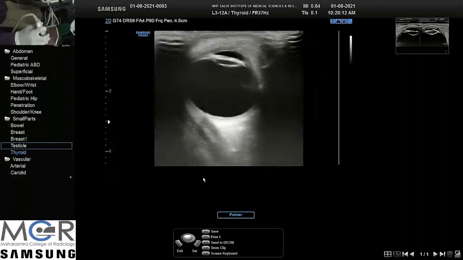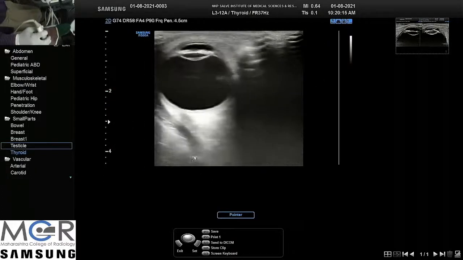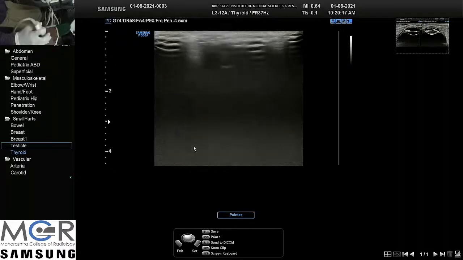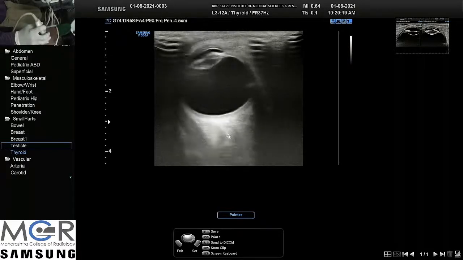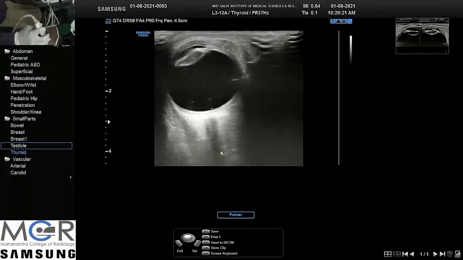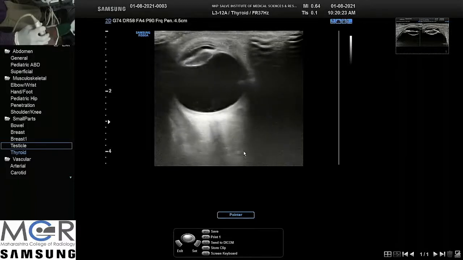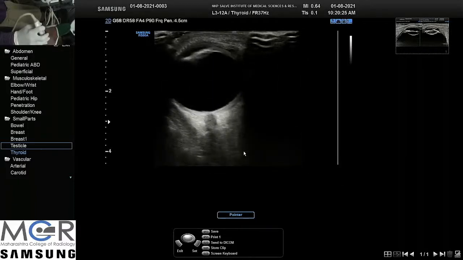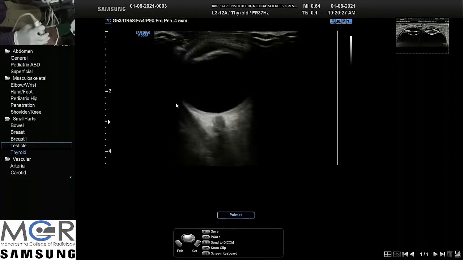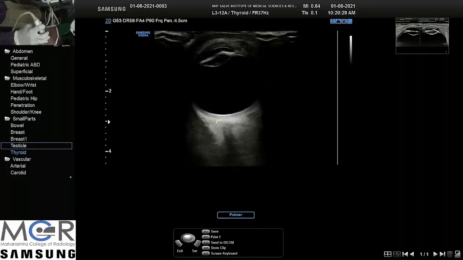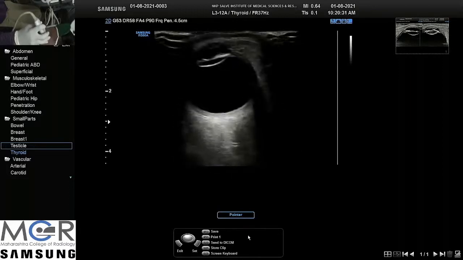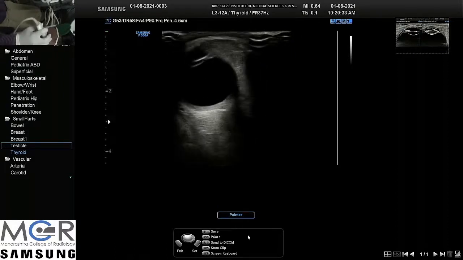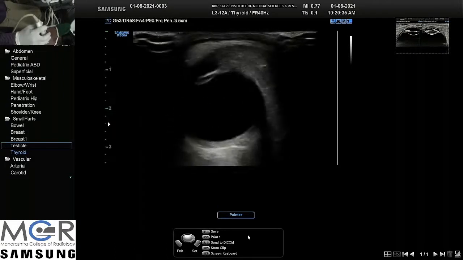We will go to the retroorbital region. Look straight. That is the optic nerve. These are the muscles. We will reduce the gain so that we see them nicely. That is the rectus muscle. This is fat around the optic nerve. So there is no foreign body as such.